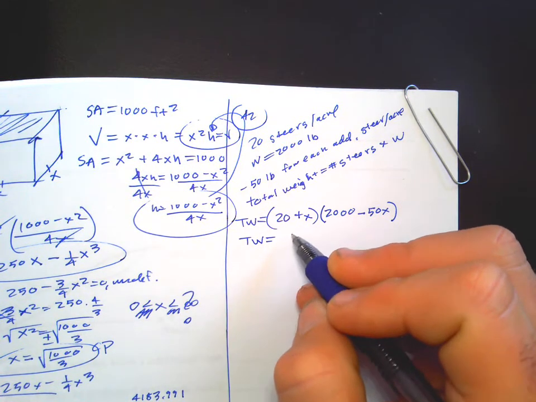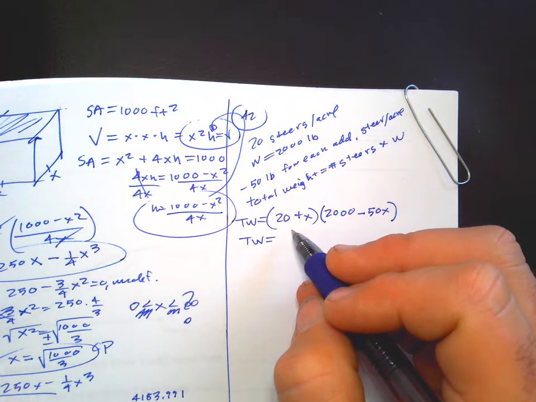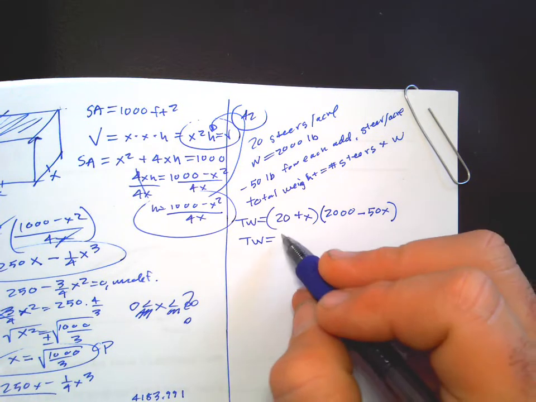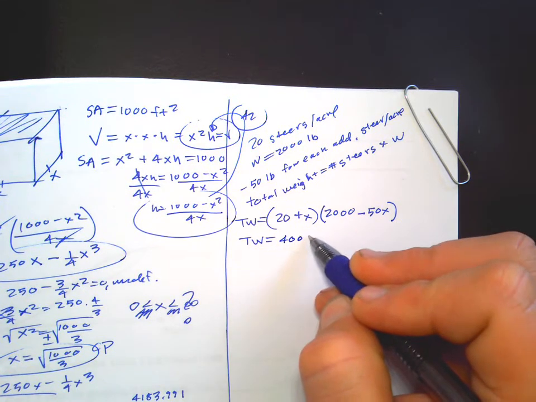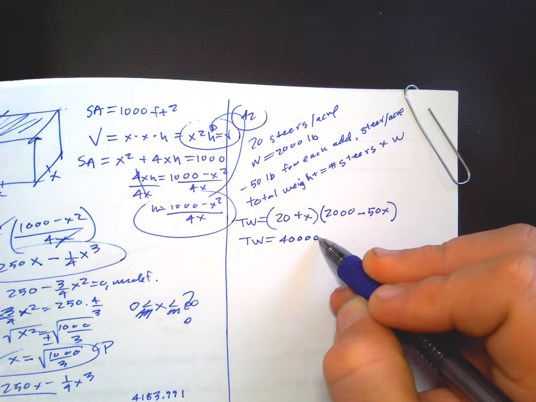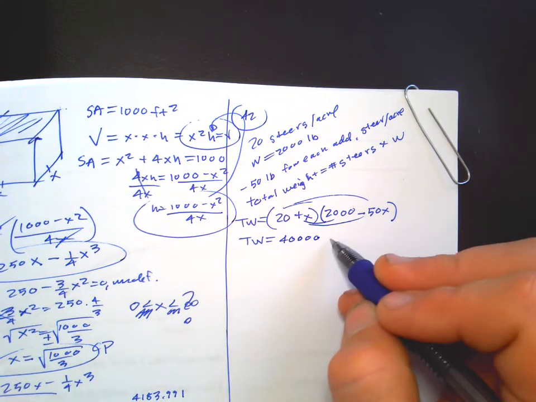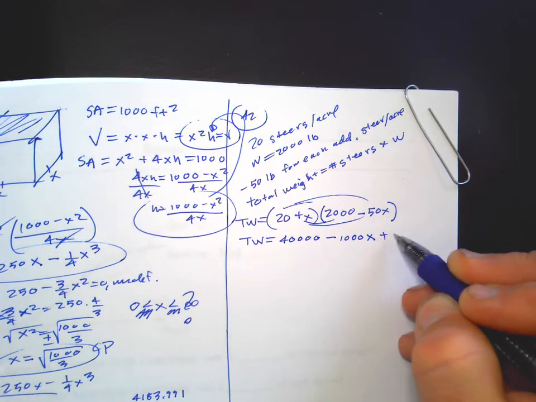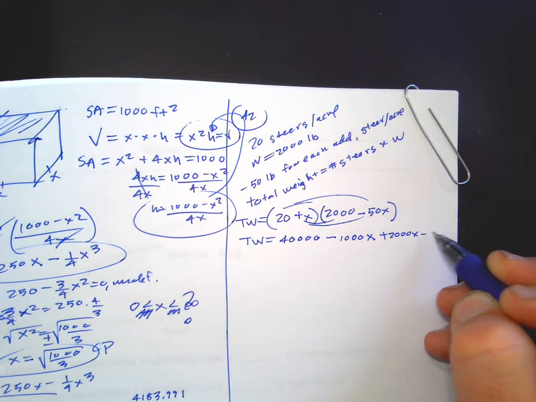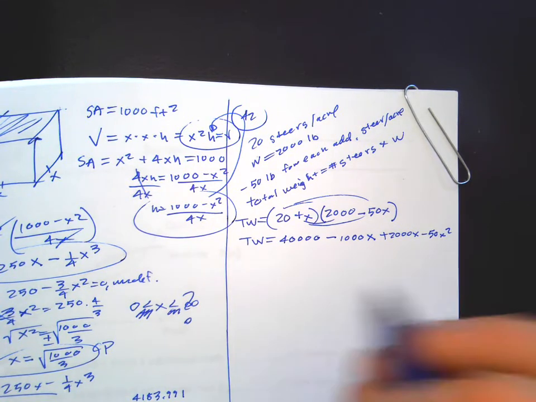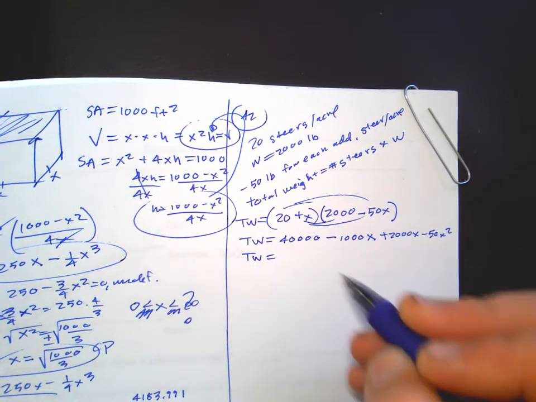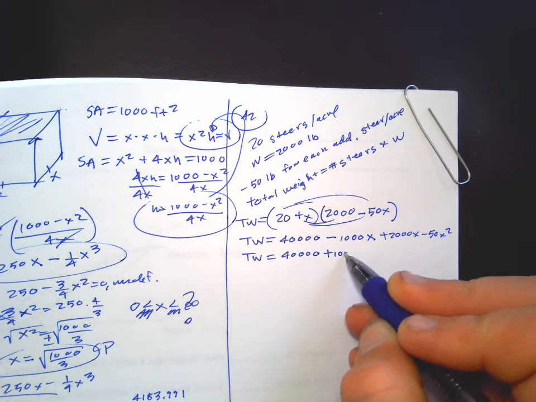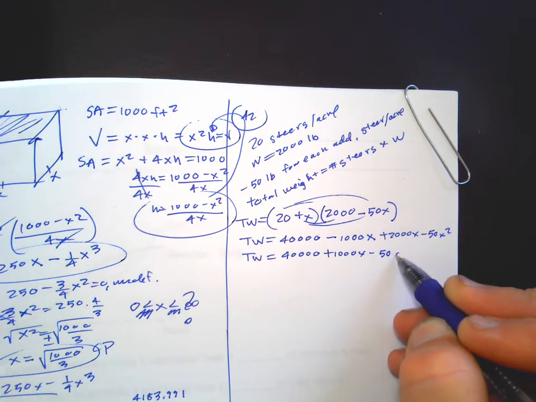This would be 40,000 minus 1,000x plus 2,000x minus 50x squared. So it's all in one variable.